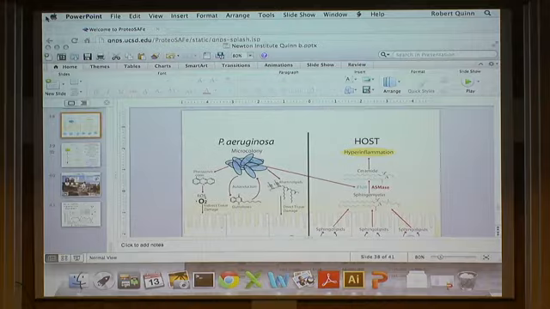A lot of work's been done around iron in CF. The CF lung's loaded with iron, and they actually use chelators to help bind up the iron and keep the microbes from using it. So I think we might start to see those kinds of approaches more commonly used in treatment of infectious disease, because microbes are so good at getting genes, but their core physiology matters and they can't transport that as easily.